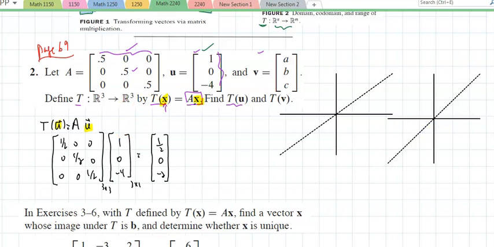So here I'm taking the original, which is 1, 0, negative 4. So this is actually vector U. And it's being mapped into 1 half, 0, negative 2.